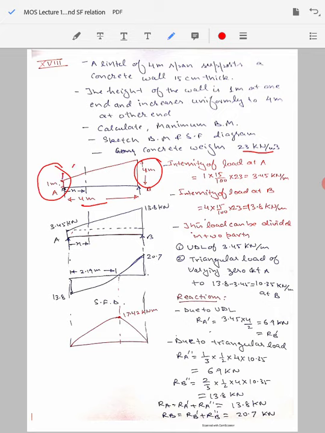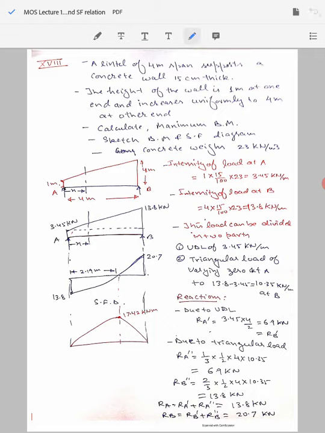This is the shape of the lintel, and because of its own weight it is causing the loading. We need to calculate the load because of the lintel weight first, and then find the reactions, and using those reactions find the shear force and then the bending moment. So let's first calculate the load because of its own weight.